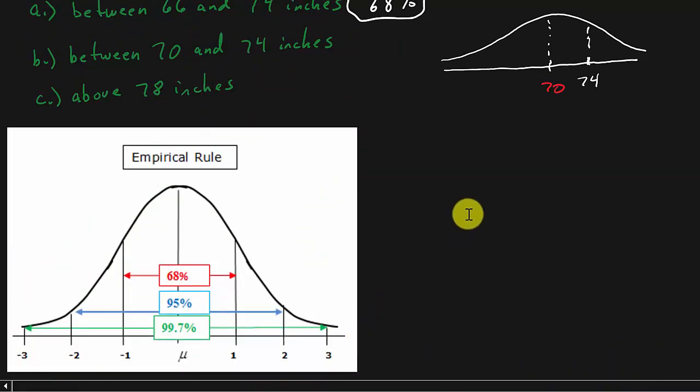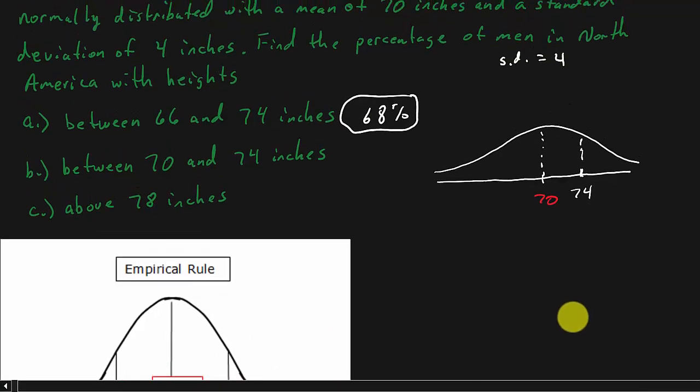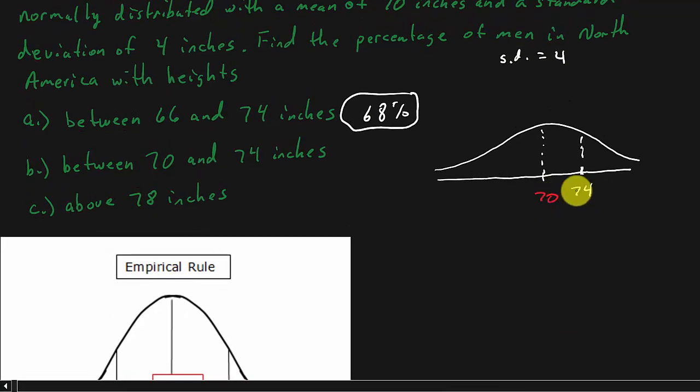All right, so that way we don't have to keep going back and forth. All right, so we're looking for 70 to 74. And what we're finding is this area right here. So this right here, we can see is one standard deviation, right? That's one standard deviation because that's 4 units and a standard deviation is 4 units.